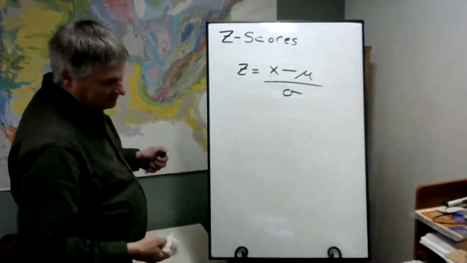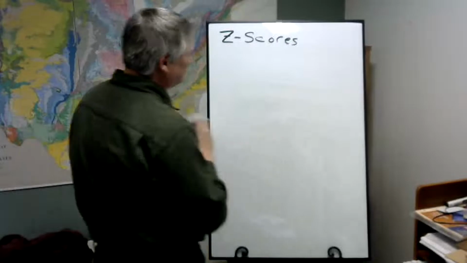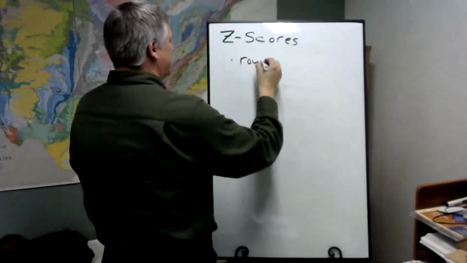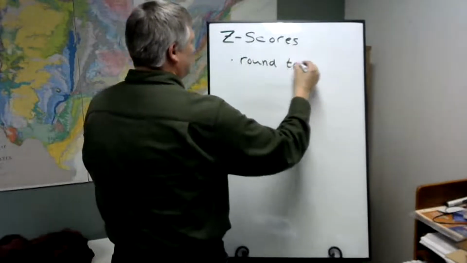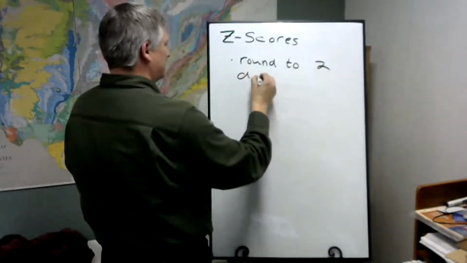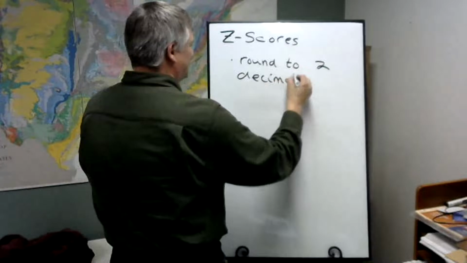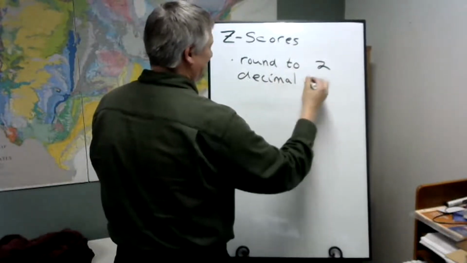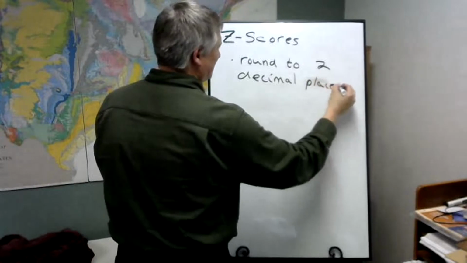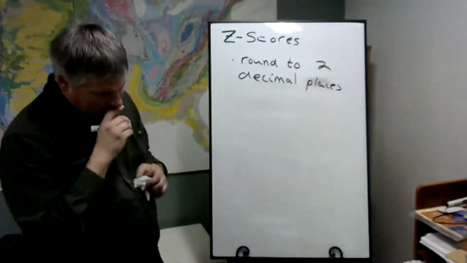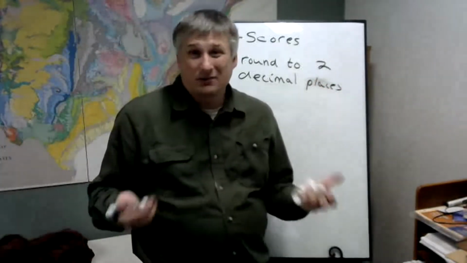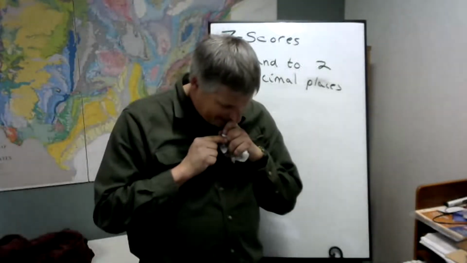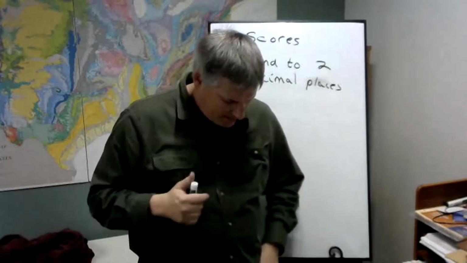All right. Typically with z-scores, we round to 2 decimal places, and we do this for z-tables. We're going to talk about that later. And this is sort of a general thing they mention.